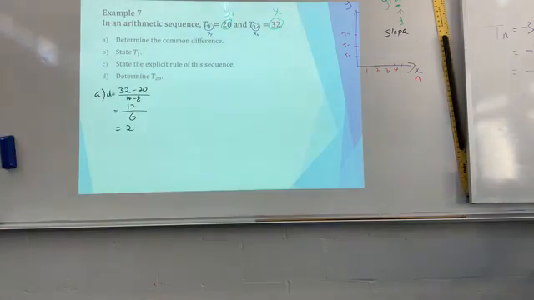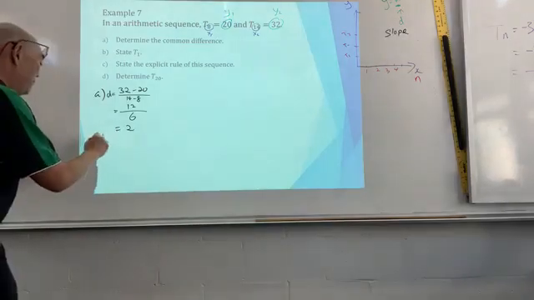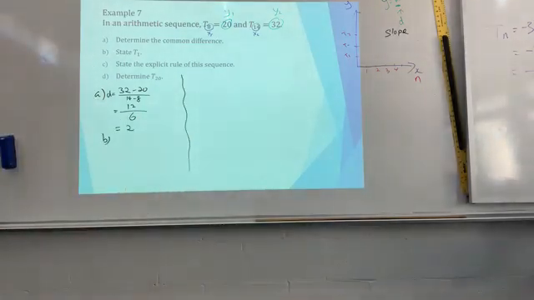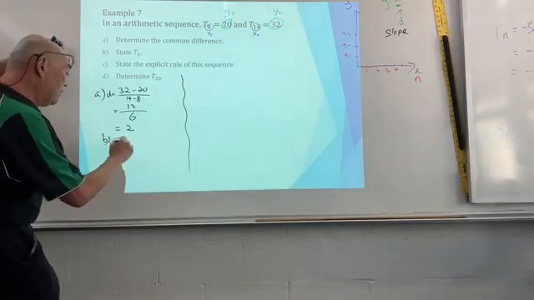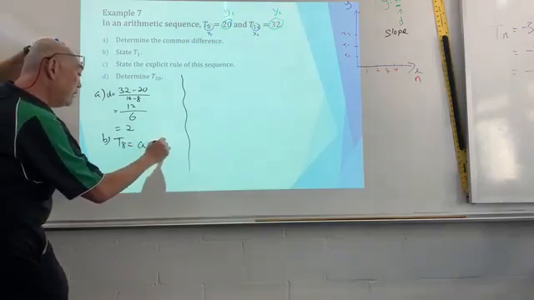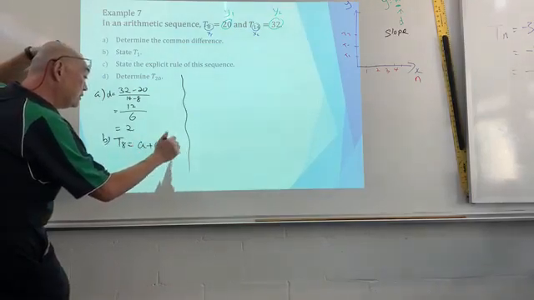Now you need to be able to work out T1. Part B. I'm going to use the information of T8. You know T8 is A plus 8 minus 1 times the difference.